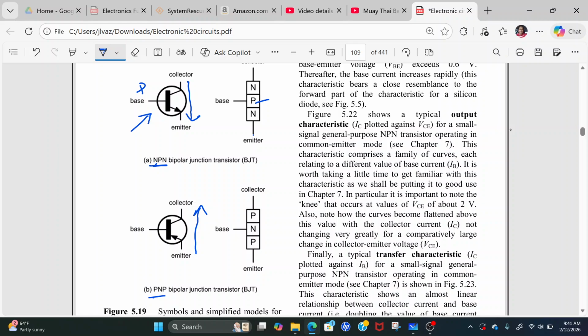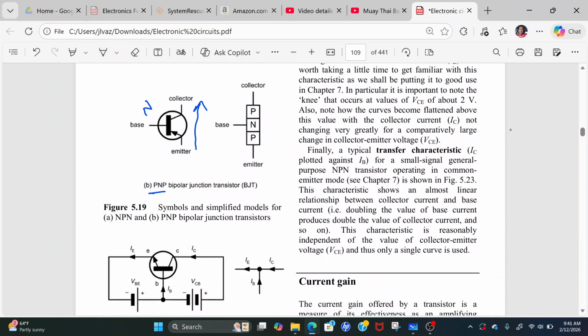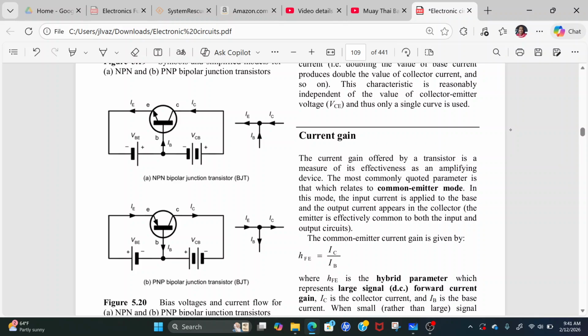And in this case, the base is an n-type material. That also is very important because if we take a look at this figure now, this is the bias of the transistor. In order for the transistor to work, it needs to be biased.